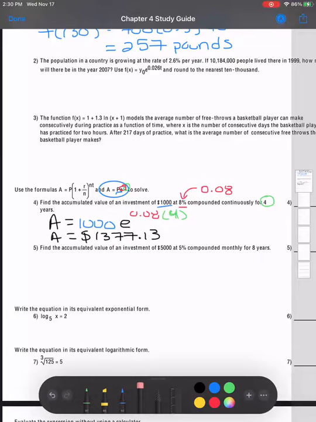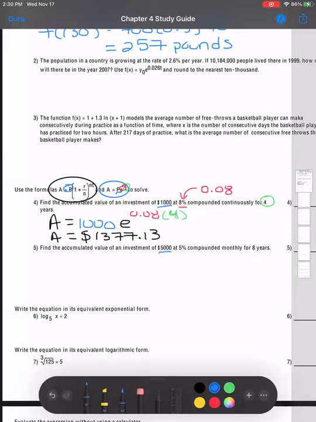Okay, so number 5 says find the accumulated value of an investment of $5,000 at 5% compounded monthly for 8 years. Because this one is monthly, we are going to use the other formula: A equals P times the quantity 1 plus r over n, to the power of n t. First, our P is going to be that initial value, so the 5,000.